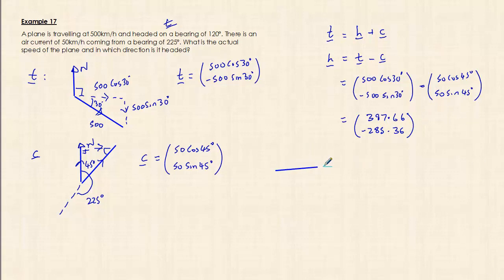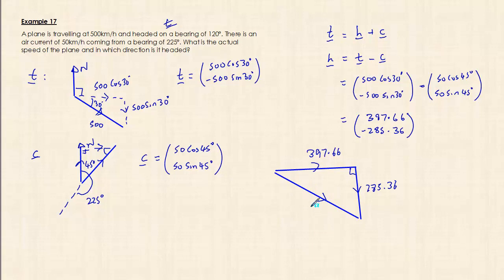So that's going across and then down. So this is 397.66, this is 285.36. This is a right angle, and this is our actual vector.